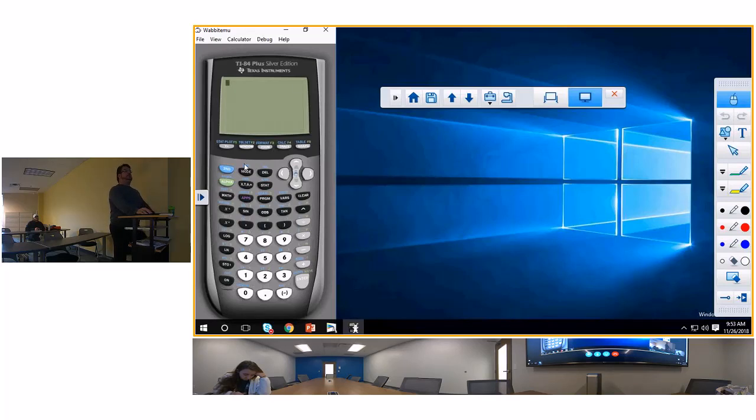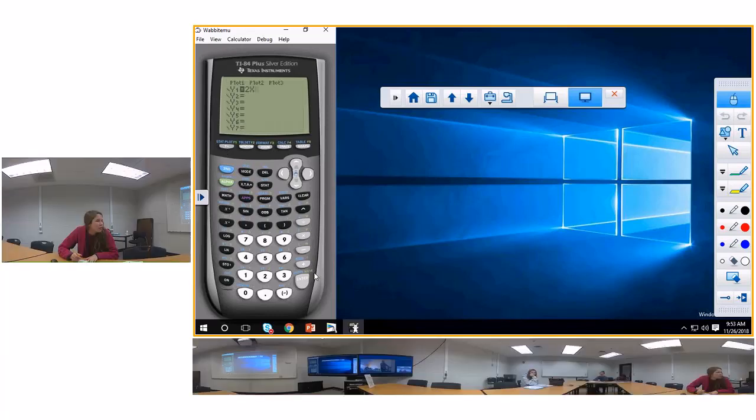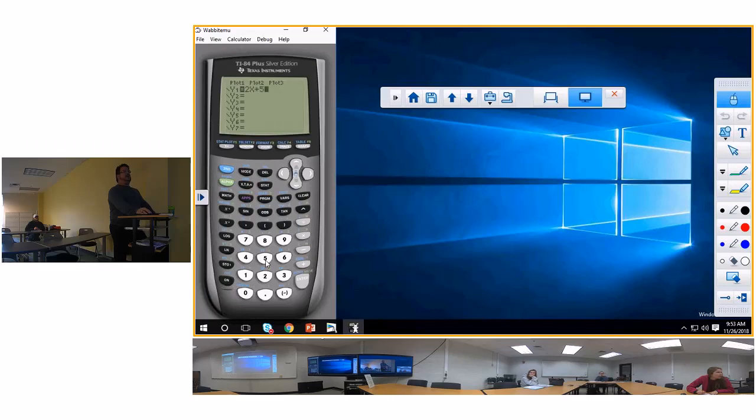Graph. What's the first one again? 2x plus 5. 2x plus 5. And the second one, I'm going to change to a dash line. So I go over to the line and I hit enter 2 or 3 times until I get the dash. There we go.